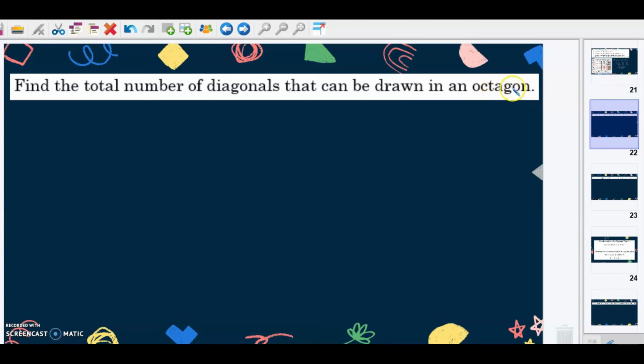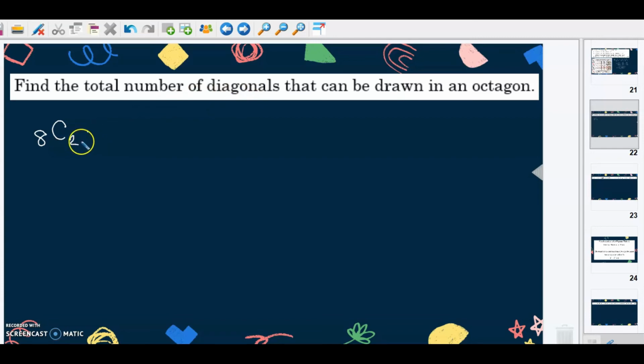So that means from 8 vertices, since an octagon has 8 vertices, we're just going to choose 2 vertices. Okay? So this will now be our solution. Again, we will have the combination of 8 taken 2. 8 because we have 8 vertices, and 2 because for us to have a diagonal, we should have 2 vertices.